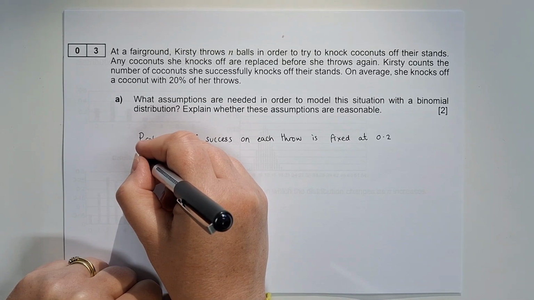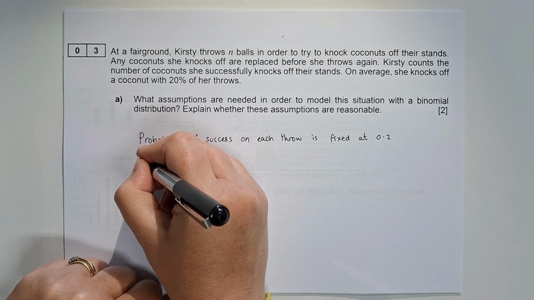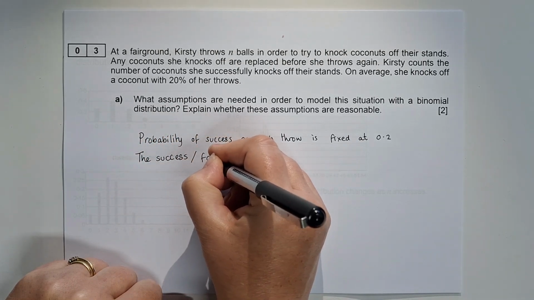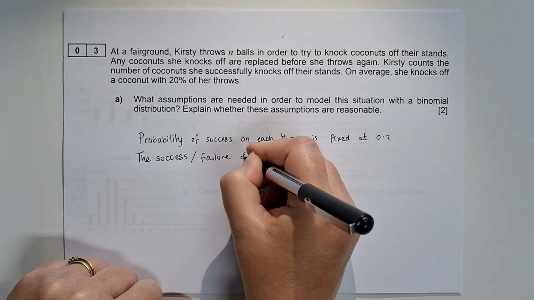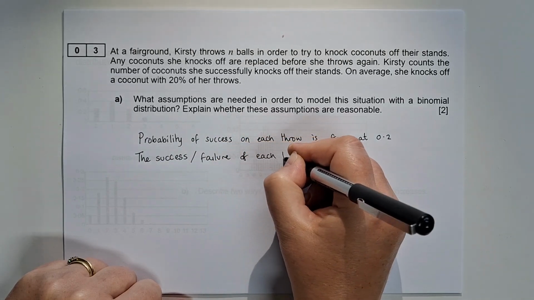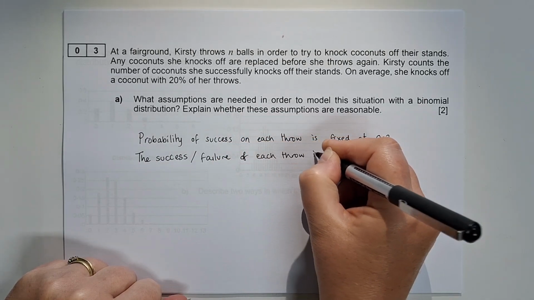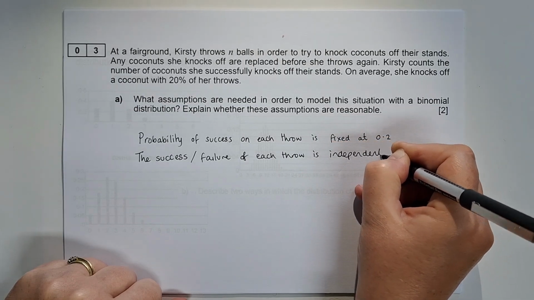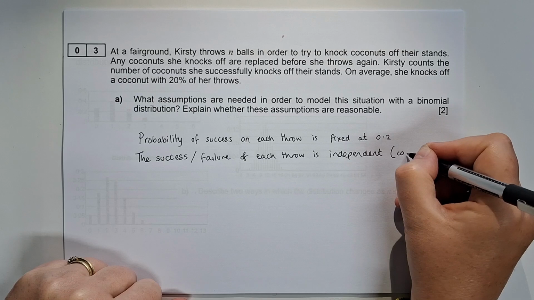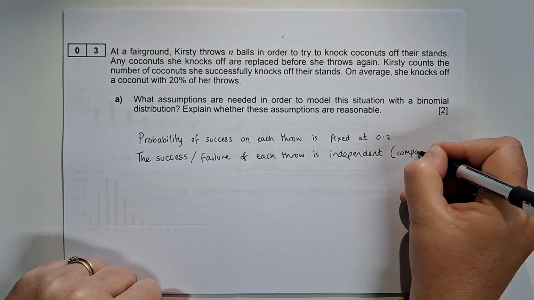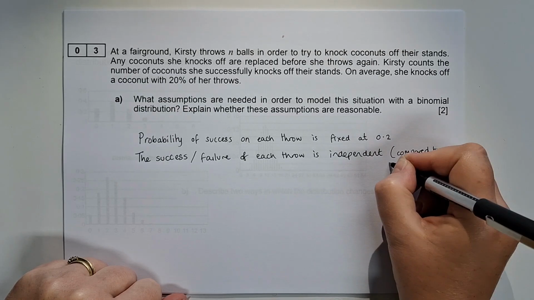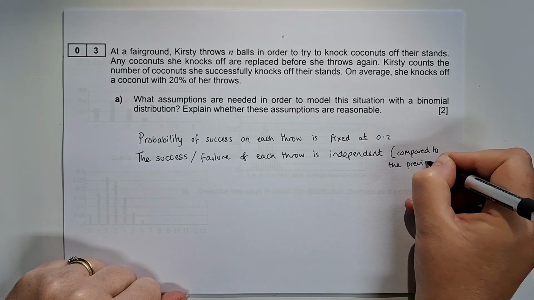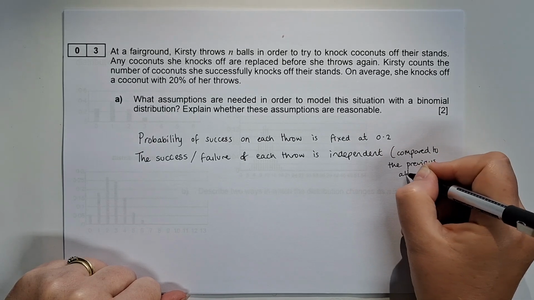So we're assuming that the success or failure of each throw is independent, and if I put brackets, compared to the previous attempt.